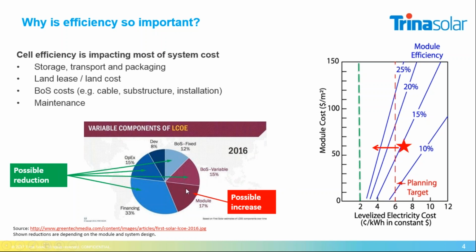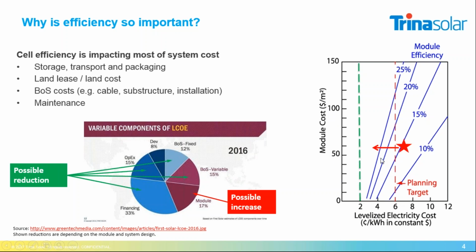But with increased efficiency, it's possible to have increased module costs. On the right hand side, you have a diagram. The diagram shows the levelized electricity costs, so the target LCOE, and the module cost in dollars per square meter. And then you have a planning target.